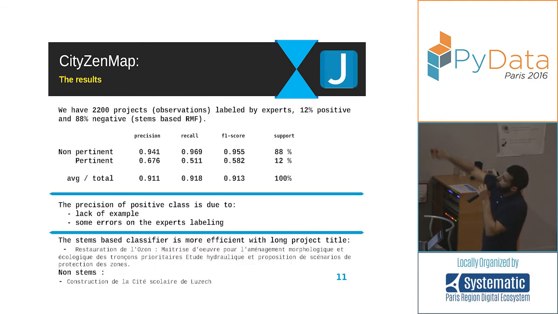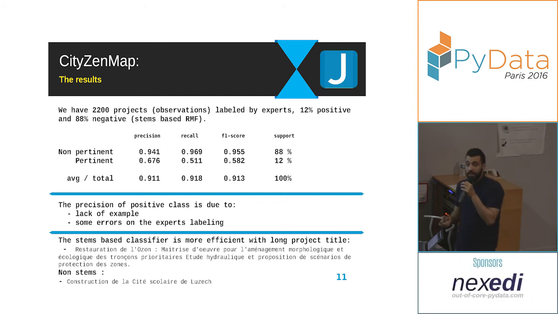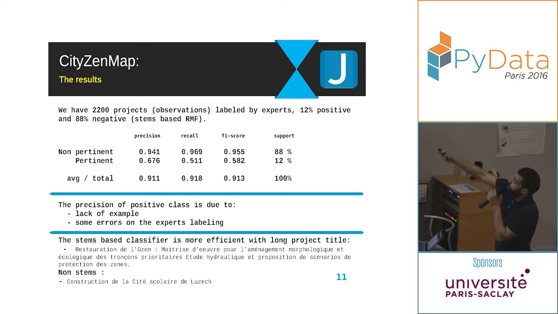This is the score table of the models based on the stem. We can see that the precision for the relevant or positive class is smaller than for the negative class. And this is because we had unbalanced data. We can see that the number of positive examples is too small compared to the negative examples.